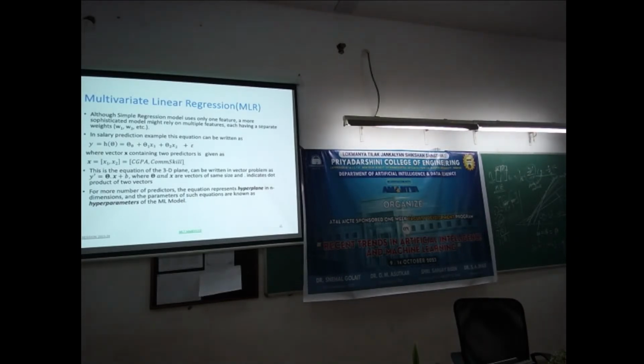When you are going to three dimensions, the linear regression will take the form of a plane. When you go to higher dimensions, you are not able to visualize it, but it is called a hyperplane.